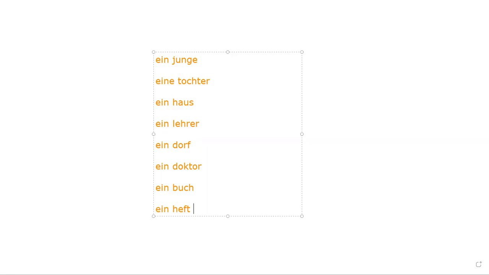A flat. Flat is feminine, so eine Wohnung. Repeat after me: eine Wohnung. Eine Wohnung is a flat. A nurse. Nurse is female. Eine Krankenschwester. Repeat after me.